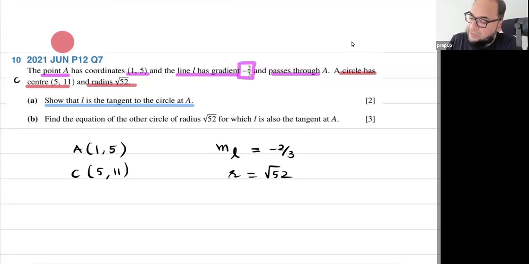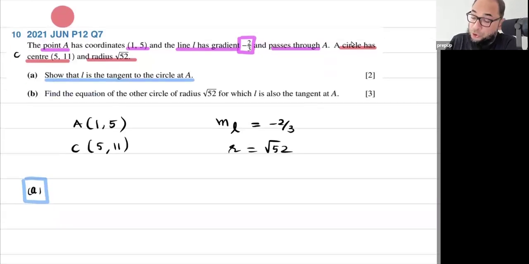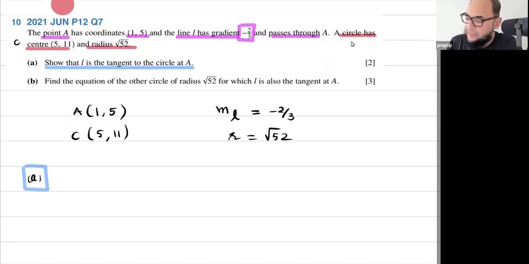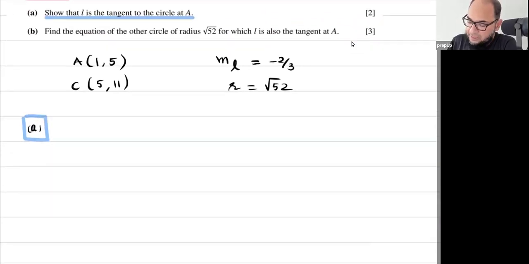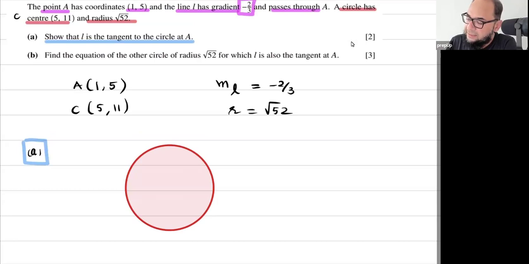So now if I focus on the first part, that is part A, I think it's a good idea to draw a diagram. So that's a circle and that is the tangent to the circle. This is just a rough diagram. This is point C and this is point A.